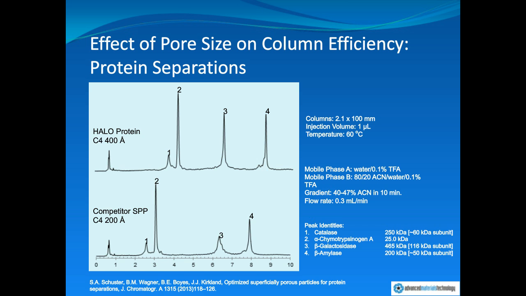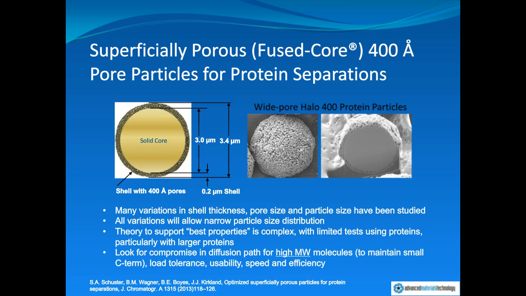And when we looked at it with some moderate size proteins, chymotrypsinogen, the beta-galactosidase subunits, etc., we saw that comparing that to a 400 angstrom pore size material showed much better peak shape, much better peak widths. So we knew 200 was likely to be insufficient, and we went up to 400, and in fact, we got sufficiently good results that we felt that the 400 was a good place to be.